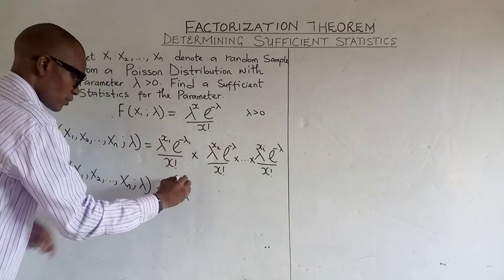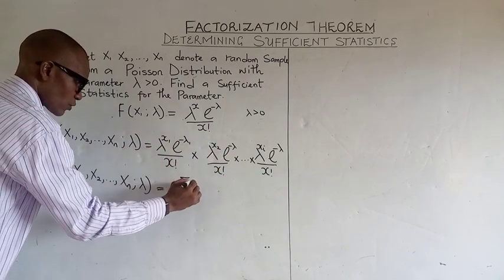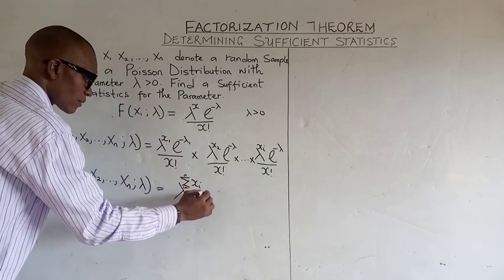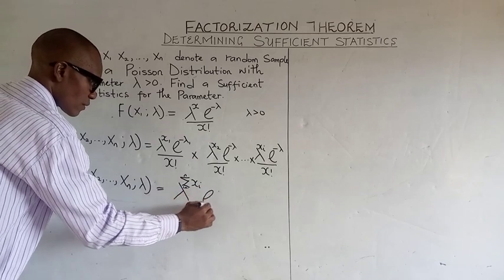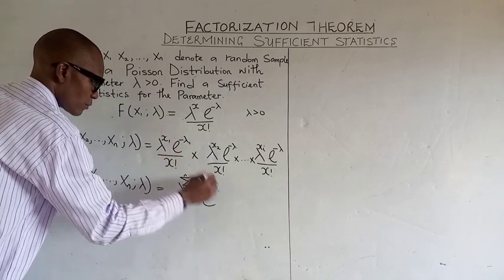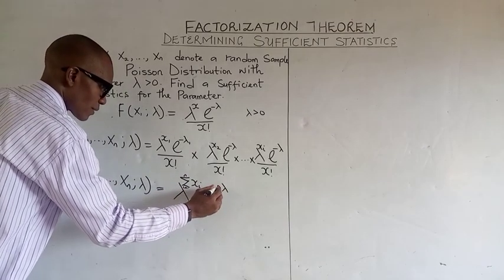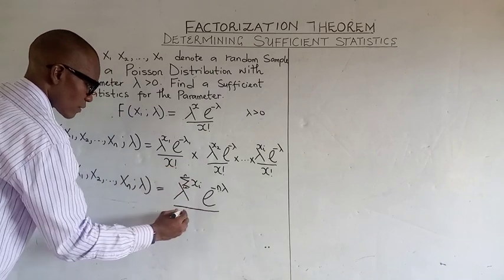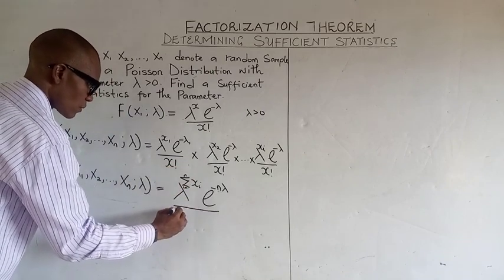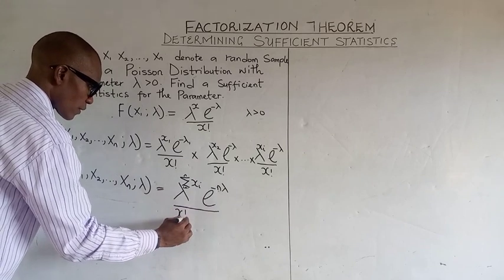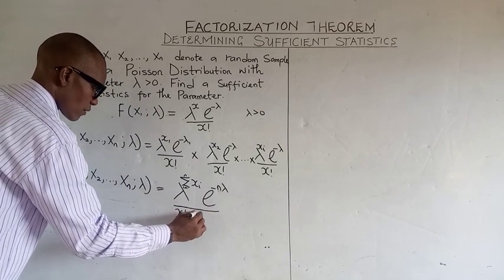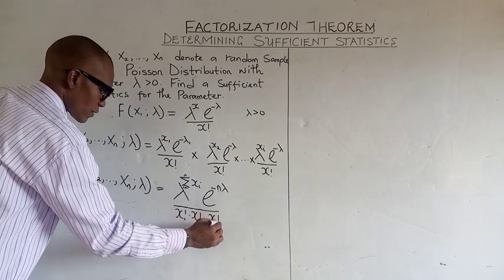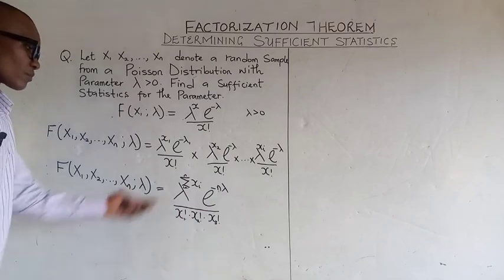If we sum the whole of this, we get lambda to the power of the summation of xi, i ranging from 1 to n, times exponential of negative n lambda, all over the product of the xi factorials, which is the formula for this.